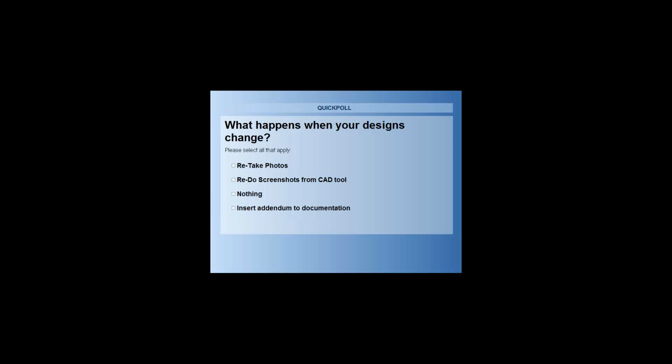My final question, and probably the most important based upon our content today: what happens when your designs change? This is multiple choice. You may do one or many of these things or none of them at all. Your designs change, and that's the world we live in. How do we perform those updates? Do you retake photos, go back to engineering, or, if you're the engineer, have to open up the CAD model again and resave the screenshots?